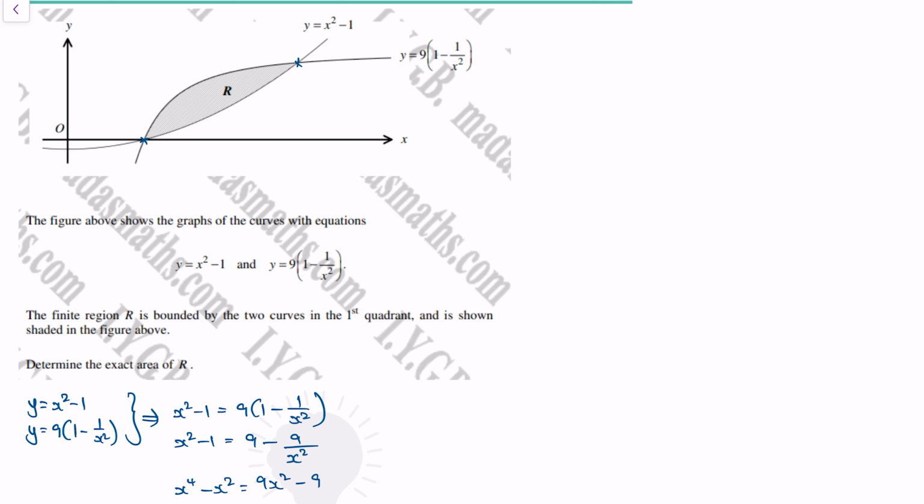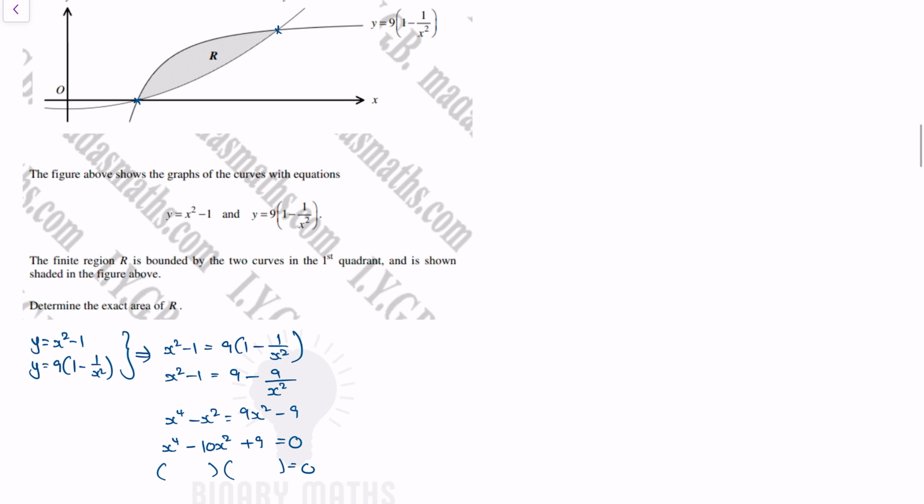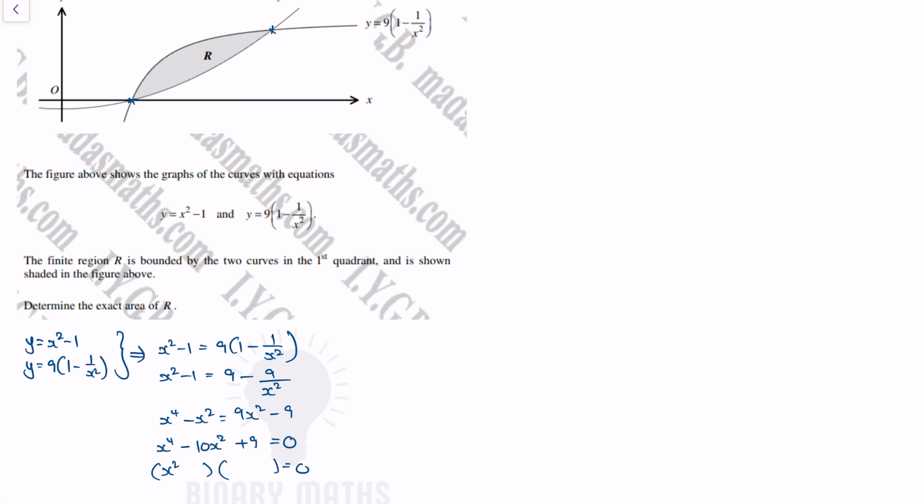So when I factorize it, I get (x squared minus 9)(x squared minus 1), which means either x squared minus 9 equals 0 or x squared minus 1 equals 0.